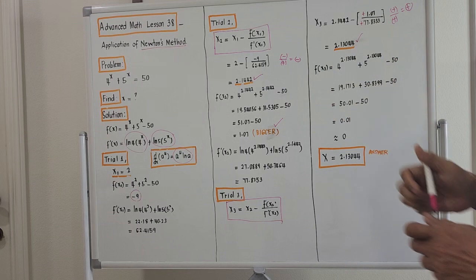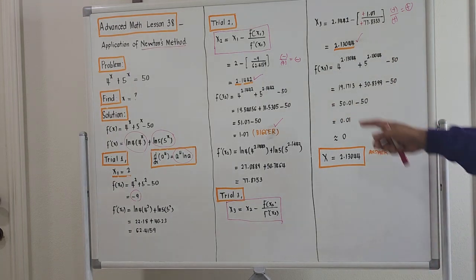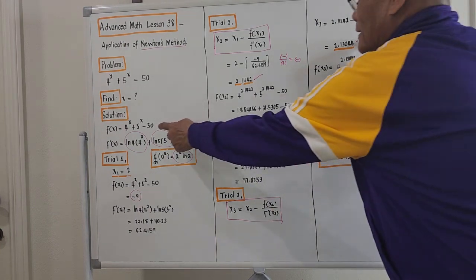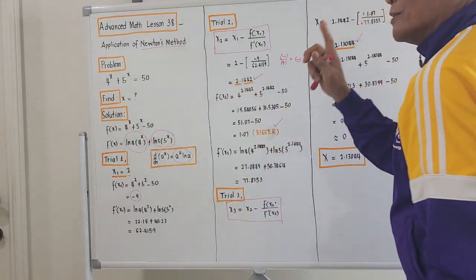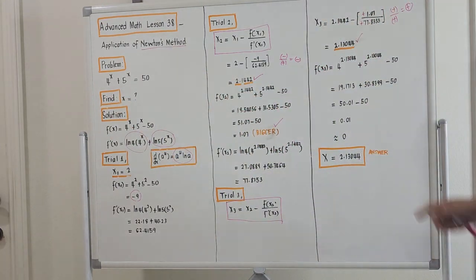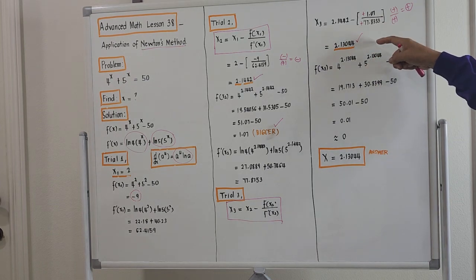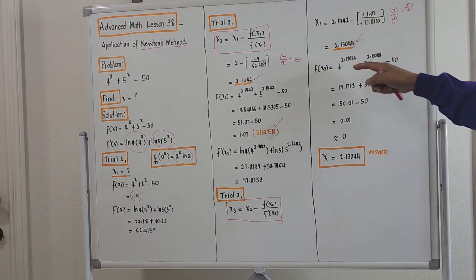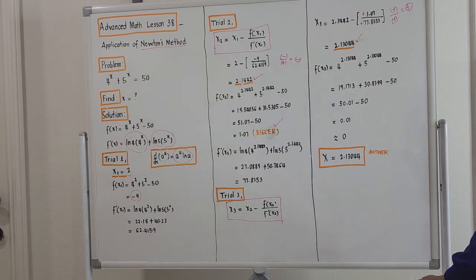Okay, let's try to check if the value x3 is the correct value now. So function of x3, we'll get this value here, we put it here. We will pray that if we try to take the summation, the result will be 0. So 4 raised to 2.1344 plus 5 raised to 2.1344 minus 50. 4 raised to this is 19.1713.